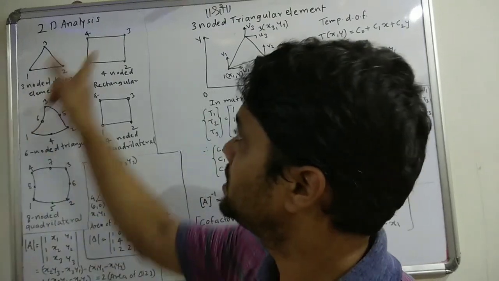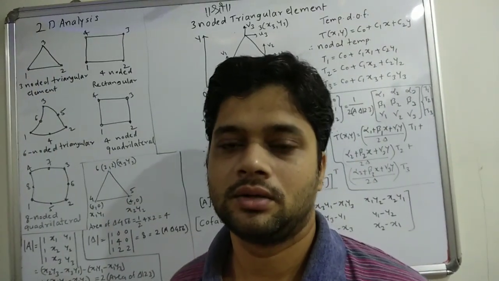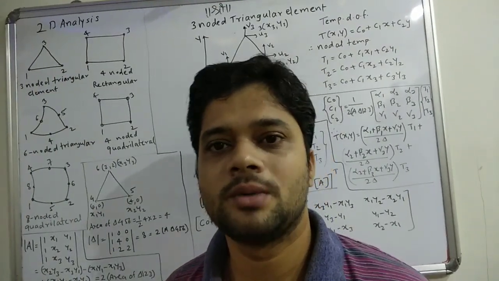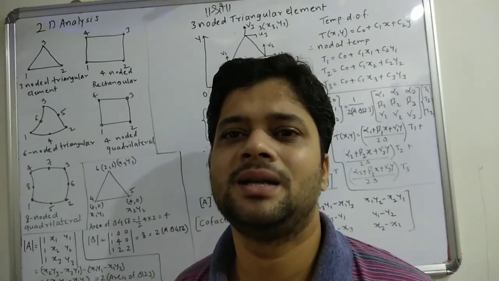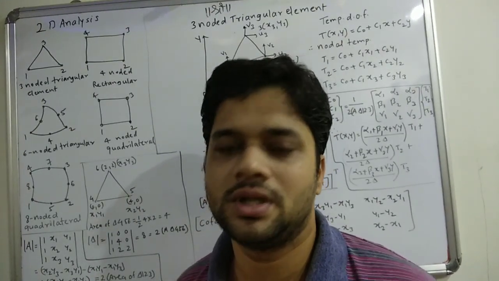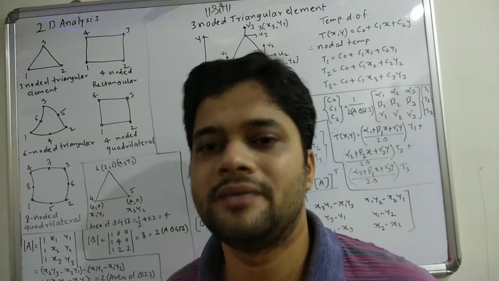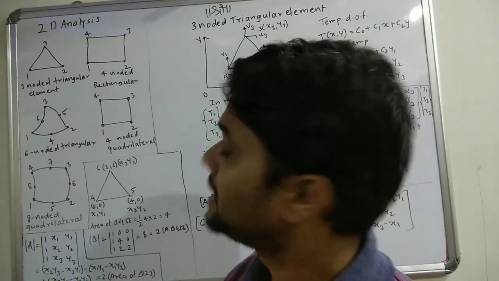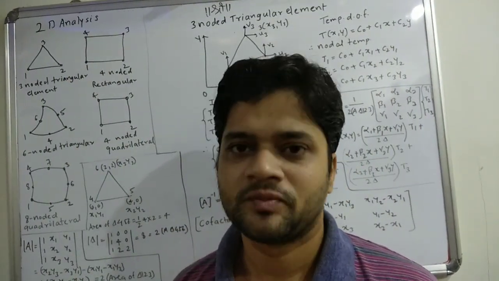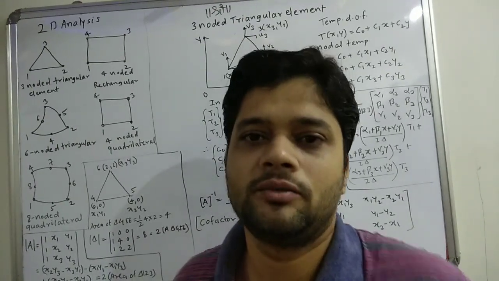Trying to fit a rectangular element in a geometry is a difficult task, and it depends on the nature of the geometry. If it has straight edges, then my rectangular element can fit in very well. If not, it would be difficult.